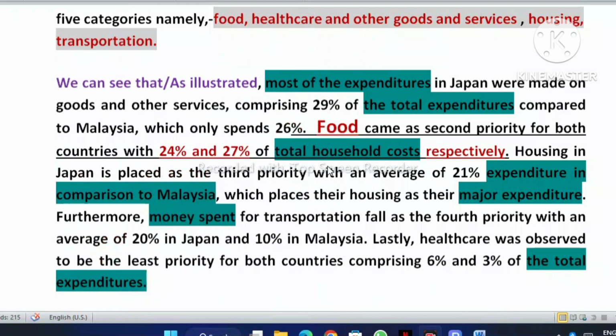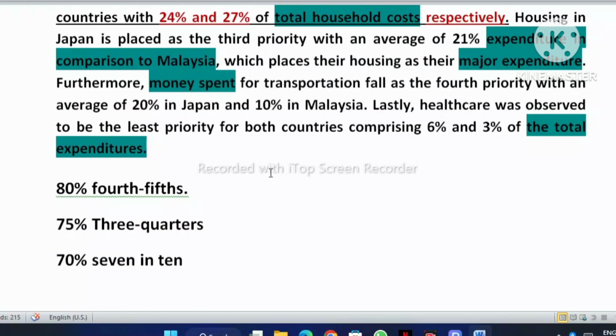So you can see that like this we can enhance our answer, and we can use the word in different ways, with different vocabulary, sometimes with an article, sometimes with a noun, or sometimes with a pronoun. So at the end of this task, I'm sharing with you some vocabulary: 80% four fifths, 75% three quarters, 70% seven in tenths.